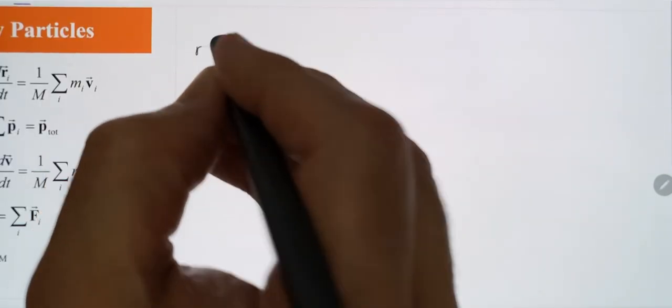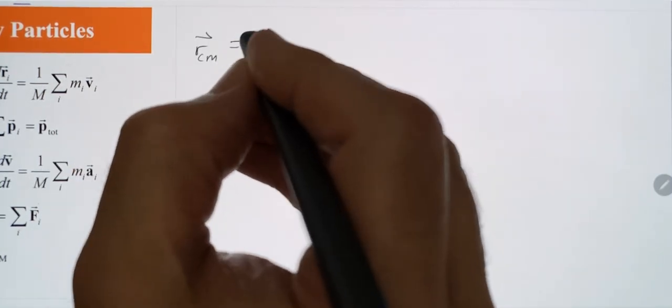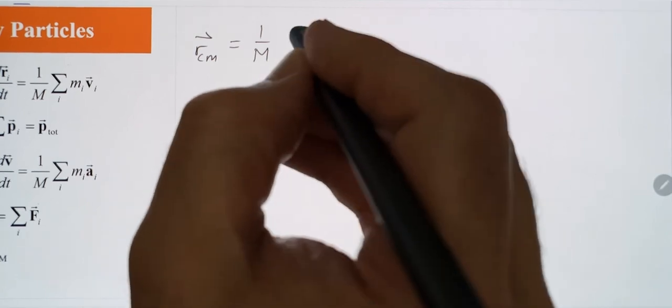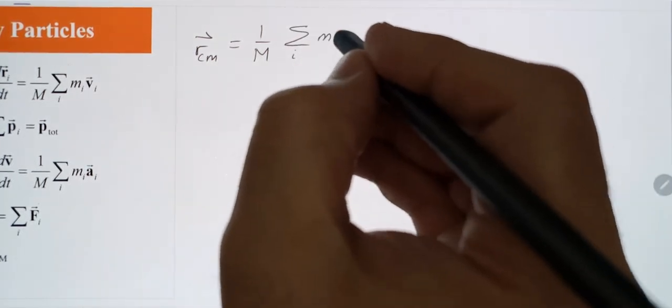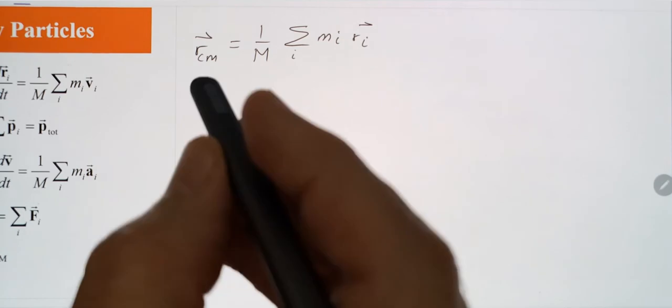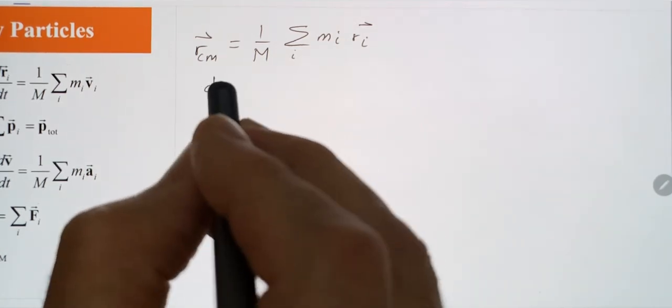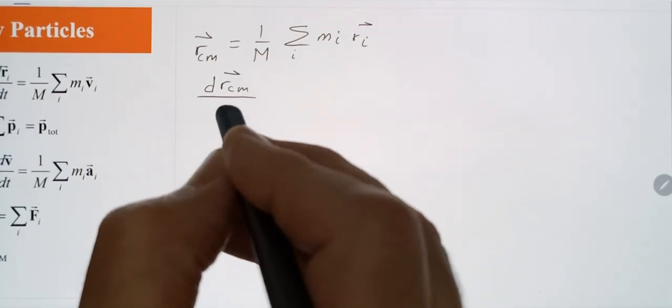Okay, so we start with the center of mass vector, and it is 1 over the total mass, and then I do summation of mi ri vector. Suppose I derive the center of mass vector with respect to time.